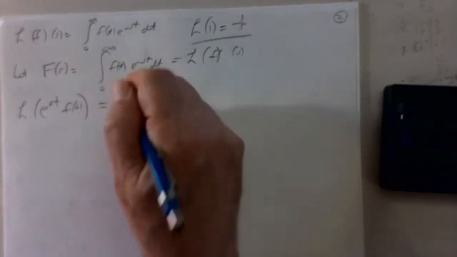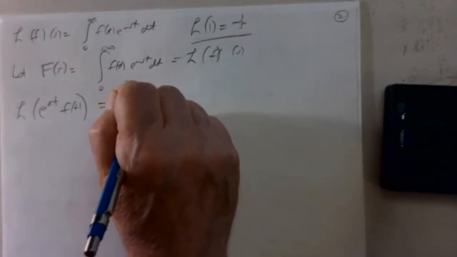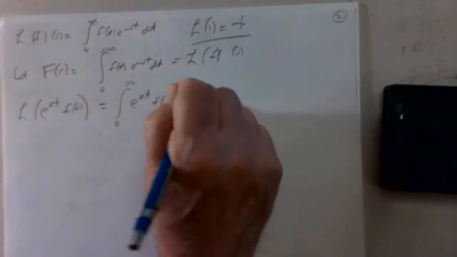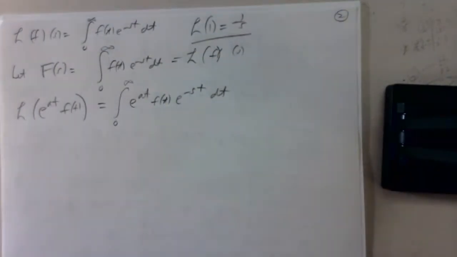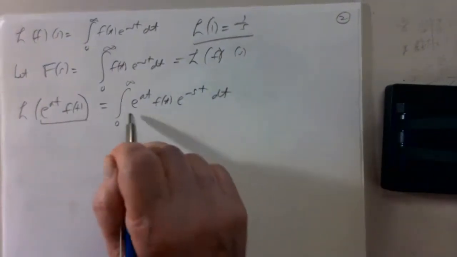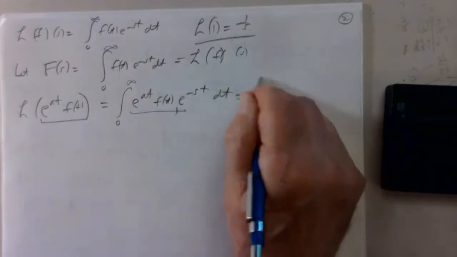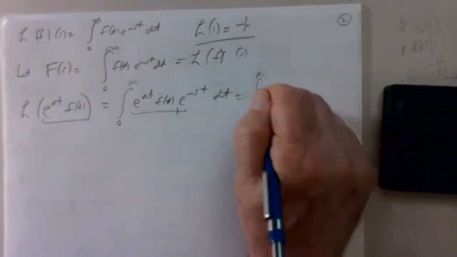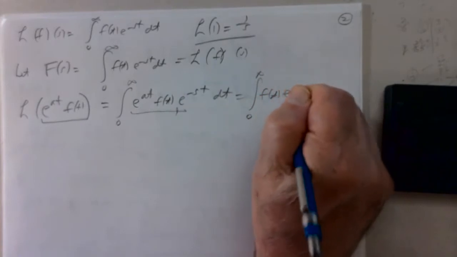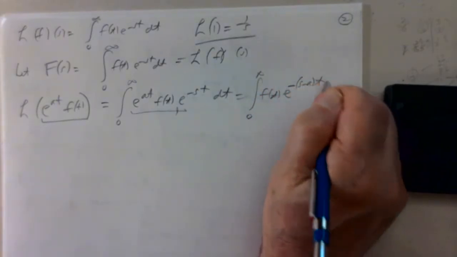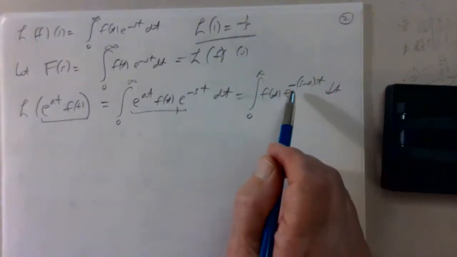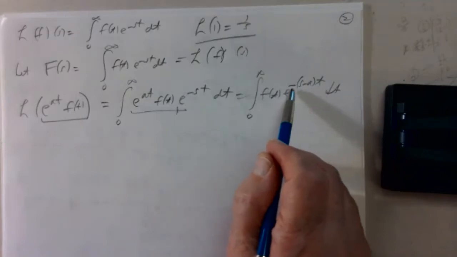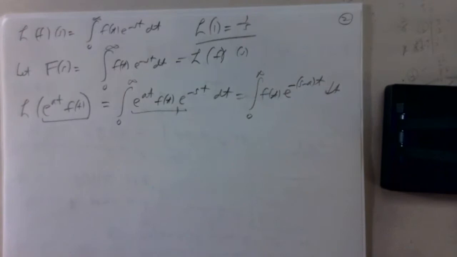That's the integral from 0 to infinity of e to the at f of t e to the minus st dt, and that's just the Laplace transform of this function. Of course, this is the same as the integral from 0 to infinity of f of t e to the minus (s minus a) t dt, since e to the at times e to the minus st is e to the minus the quantity s minus a times t.